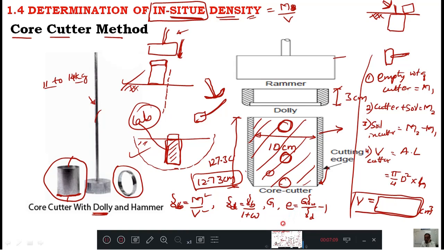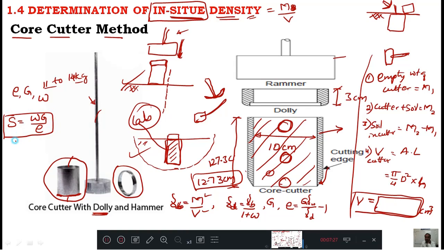See, you got the void ratio. Very important. You got the void ratio, you got the specific gravity, you got the water content. Then from this you can get the degree of saturation. Degree of saturation is wG by e. You got it.